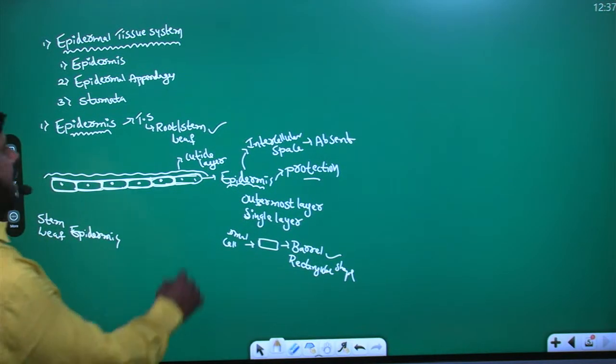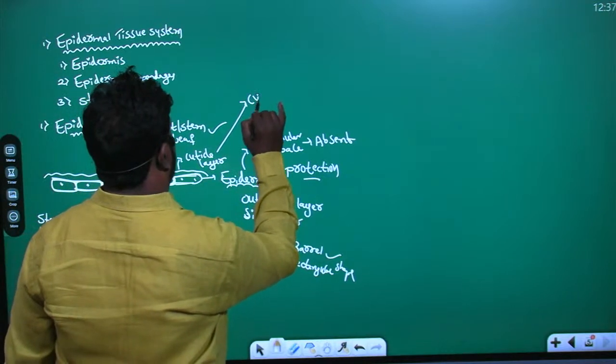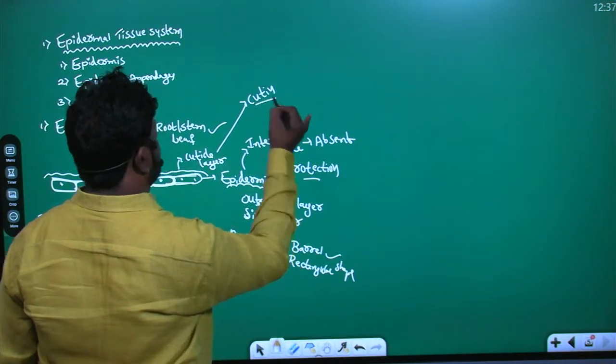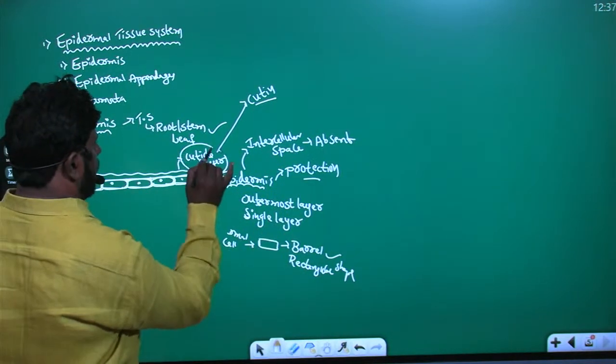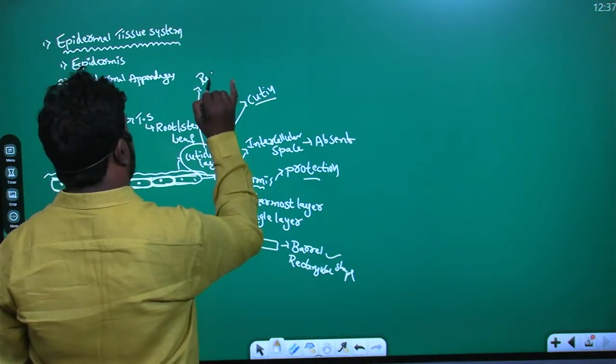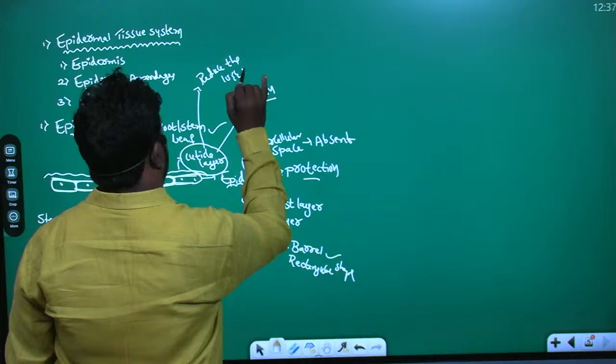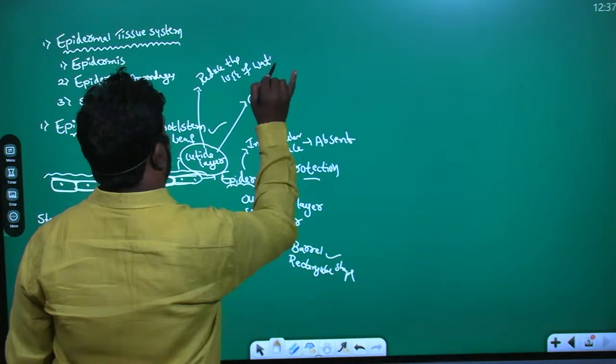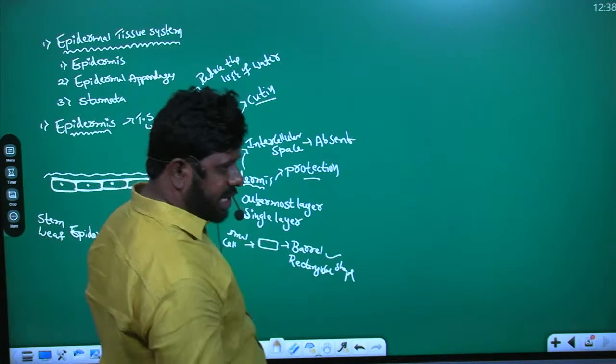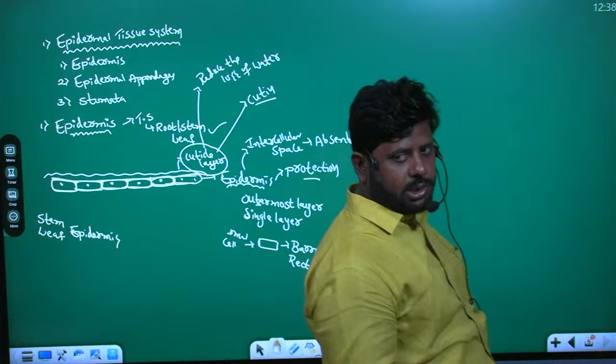This cuticle layer is made up of waterproof waxy material, that is cutin. This cuticle layer plays an important role to reduce the loss of water, or reduce the rate of transpiration. Loss of water is called transpiration.